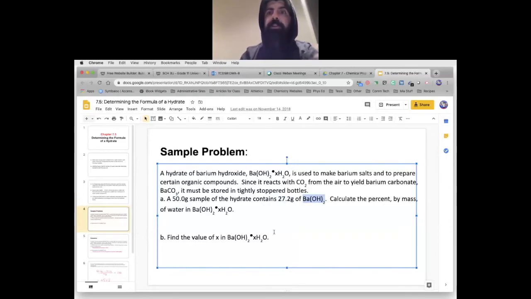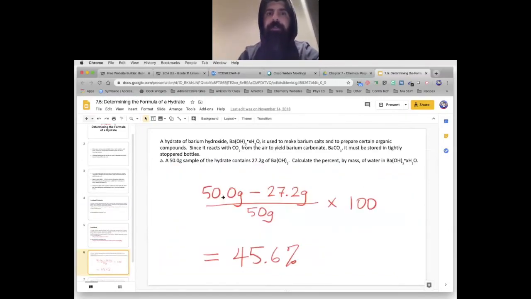So calculate the percent by mass of water in barium hydroxide, and then part B asks us to find the value for X. Part A should be relatively simple. We take the full 50 grams and subtract 27.2 grams, and we get the amount of water.